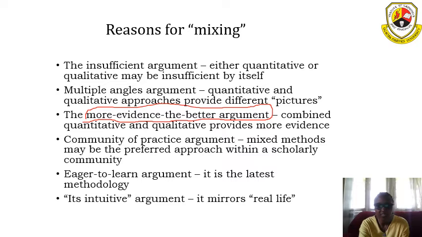Now, another point I also want to give you is the community of practice argument. There are certain research communities that lean more towards one approach than the other, or one method over others. Take an example, the education field. Action research is the most popular research method that is pushed forward.